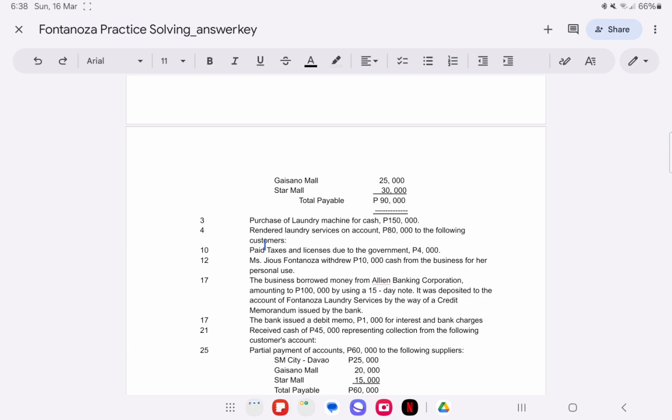Okay, your value received is accounts receivable, since your customers would like to avail of services from your laundry shop. So for example, your customers have laundry because they have many party decorations, but maybe they cannot pay yet, so they borrow from you, promising to pay you later, for example when they receive their salary or have money.